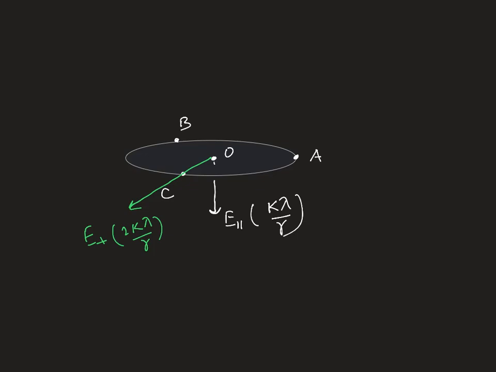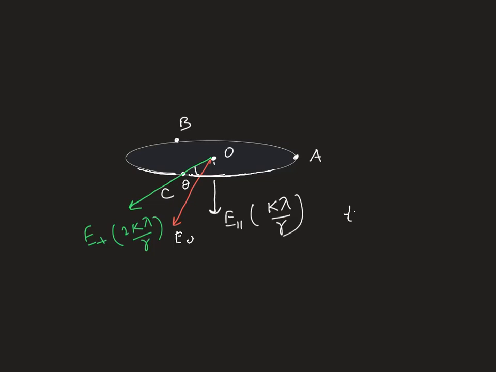And the resultant of these two vectors will be somewhere in between the plane of the circle and the perpendicular to the plane. So let's see what the resultant is. This is the resultant, and let's say it makes an angle theta.